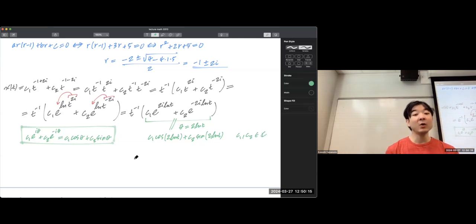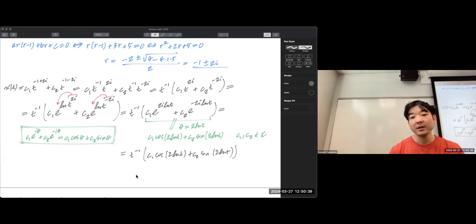The idea is now that we've extracted the real and imaginary parts, we have a way to control this to become just purely real. And so in the end, our solution is going to be t to the minus 1 times C1 cosine of 2 ln of t plus C2 sine of 2 ln of t.